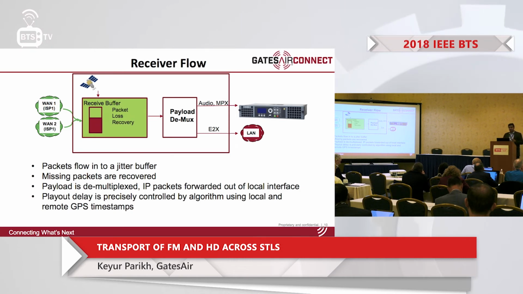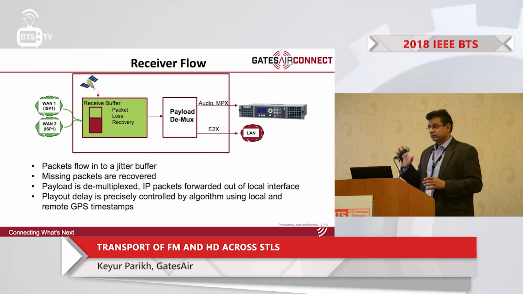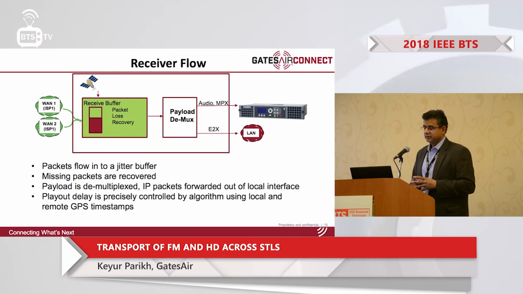That algorithm uses the local GPS timestamp and the timestamp that arrives in the incoming packet, and ensures that the playout of the packet is at the user-defined delay. So if the network delay changes, the buffer depth will change accordingly, to ensure that the playout delay of the stream is always constant.